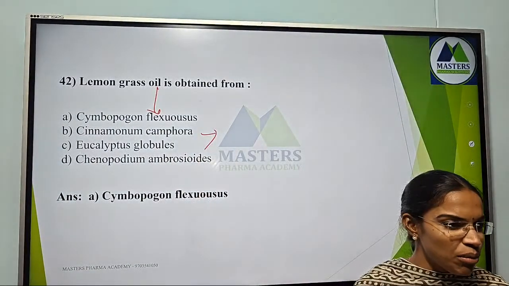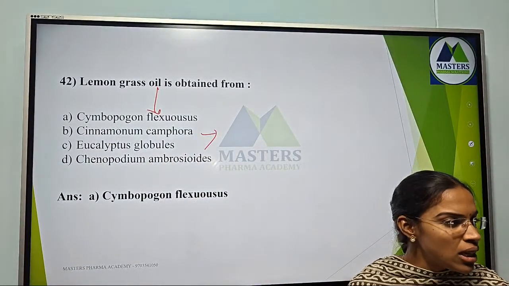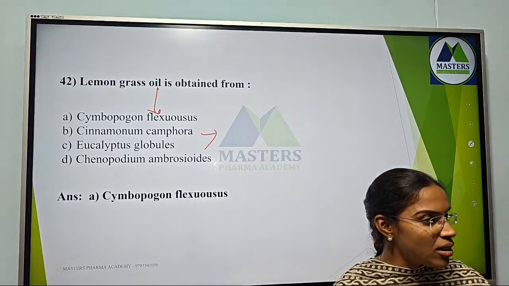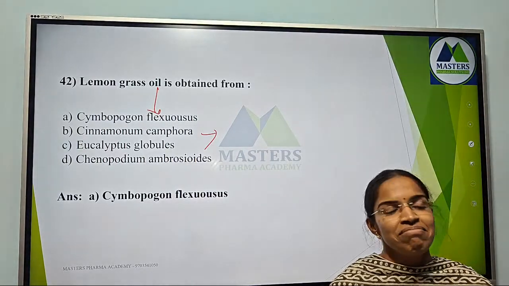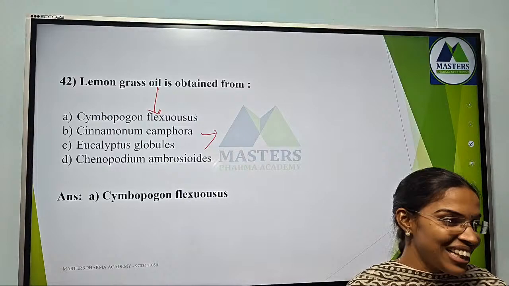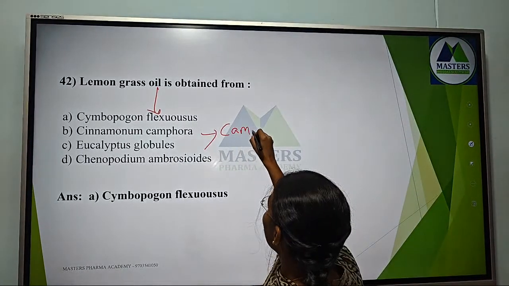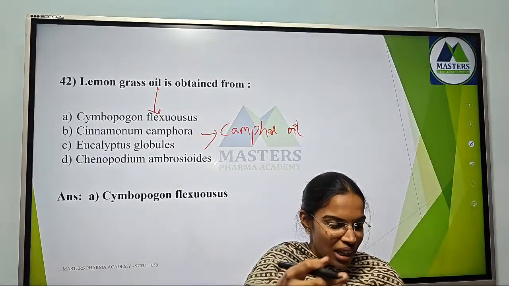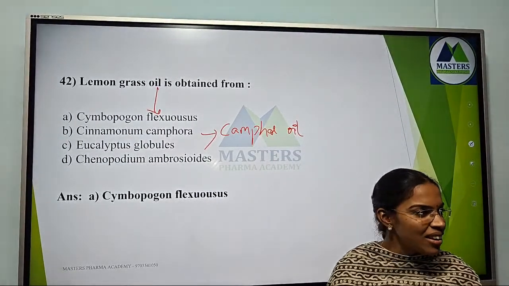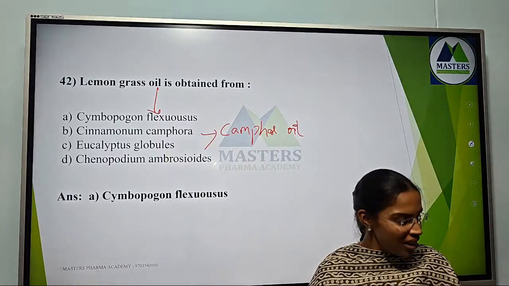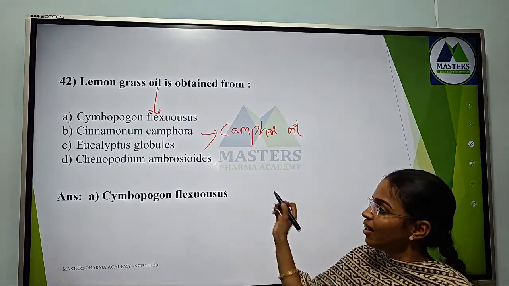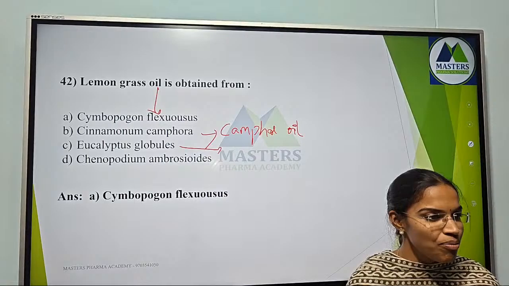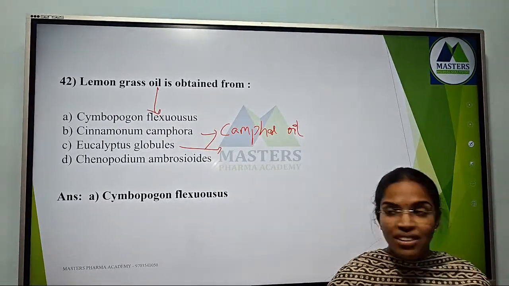What do we obtain from Cinnamomum camphora? Please don't say that. We obtain camphor oil. Camphor oil or camphor element, right? Cinnamomum camphora gives camphor oil. Eucalyptus globulus, eucalyptus oil.